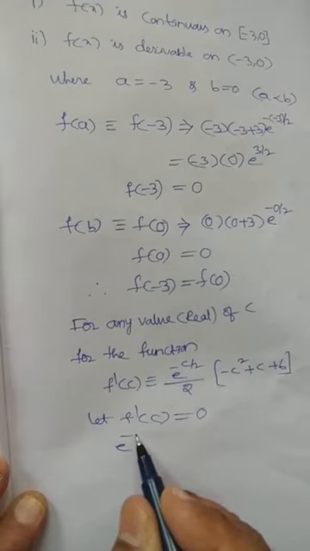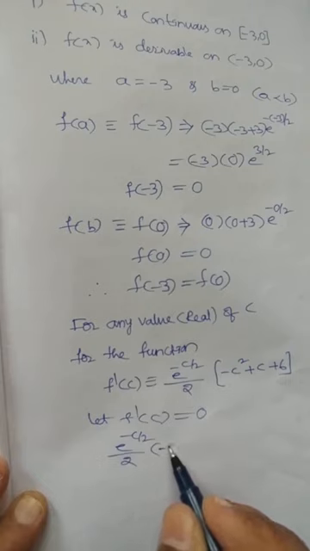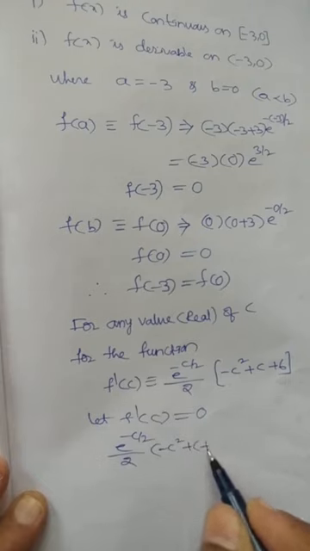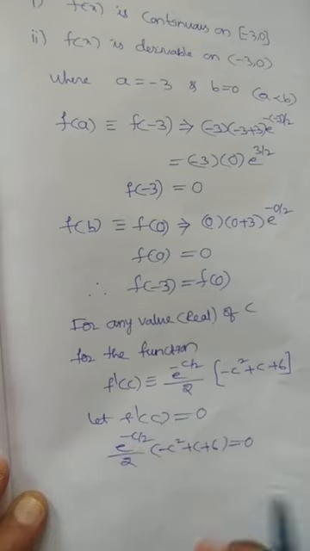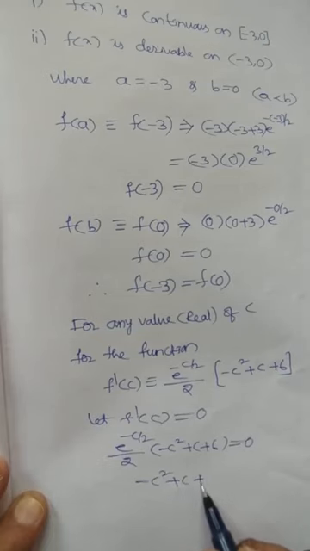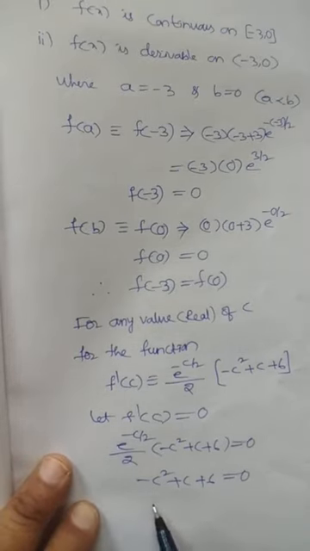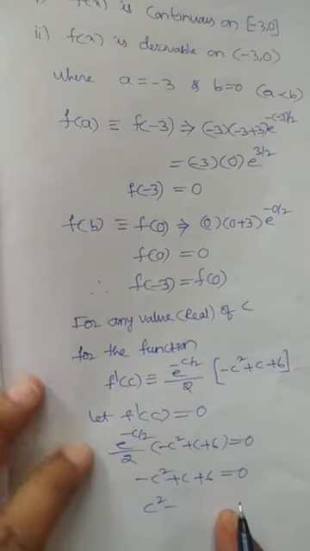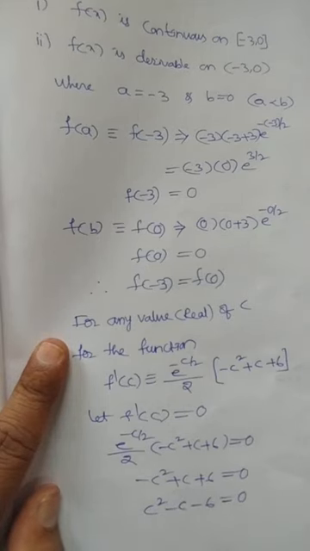e power minus c by 2 into minus c square plus c plus 6 is equal to 0. So this term goes that side, will become what? 0. Means minus c square plus c plus 6 is equal to 0. Taking the minus common and bringing back to the right side, I got c square minus c minus 6 is equal to 0. It is the quadratic equation in c.